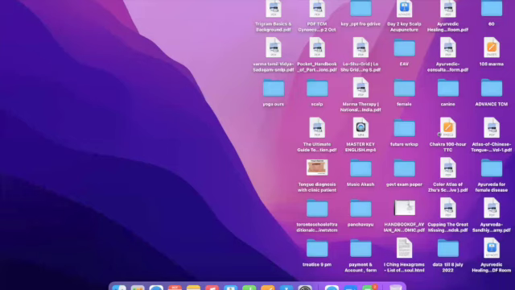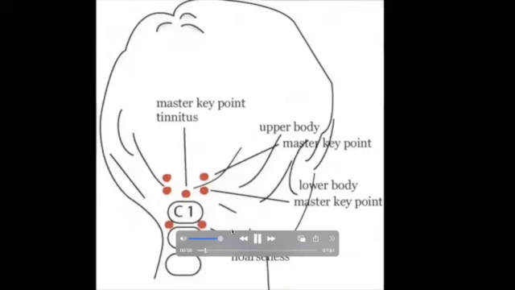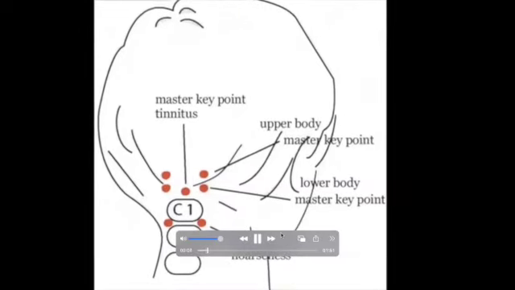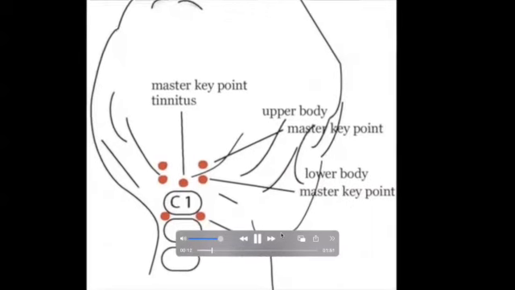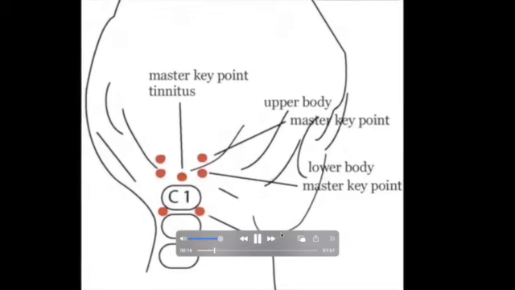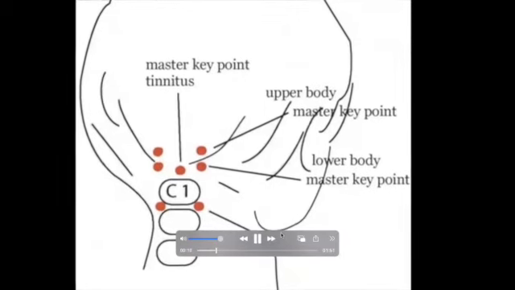I will show you another video. Give me 1 minute. We can see in this image once again, the master key point of tinnitus, the upper body master key point and the lower body master key point.